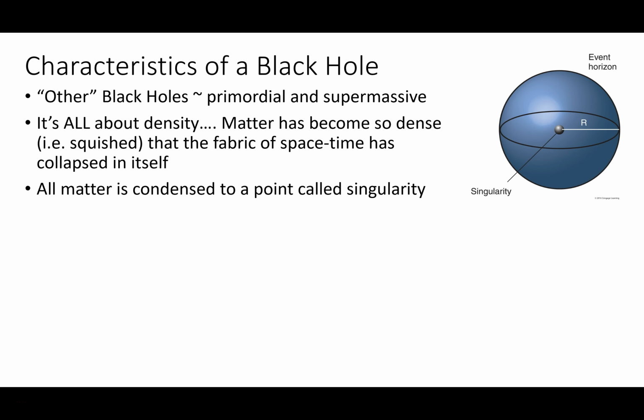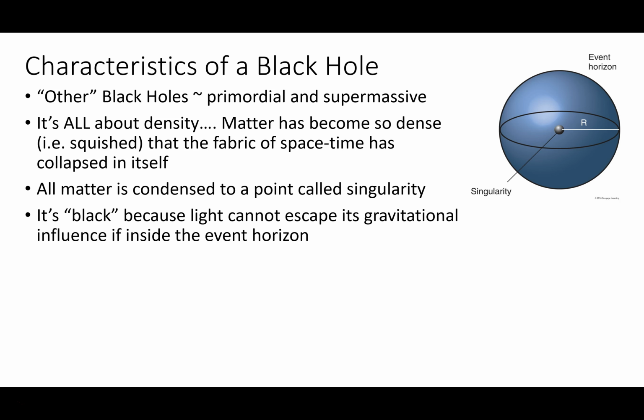So here we go. Black holes have this in common, whether they're black holes that come from a star that blows up, we call those stellar black holes, or whether they're the black holes in the center of the Milky Way galaxy. There is a point associated with a black hole called the singularity. And then there is a region outside the singularity called the event horizon.